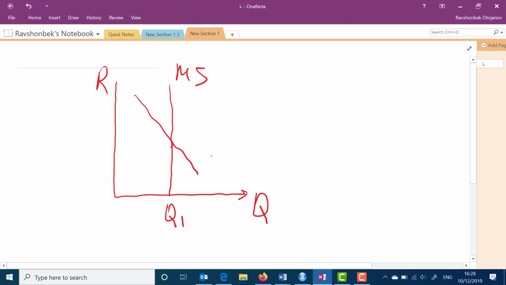This was our original demand curve. But because of alternative spending options, credit cards, our demand for money will now decrease. As a result, because demand for money is decreasing, the interest rate goes down. Not much is demanded, so the price of money goes down as a result, yeah?